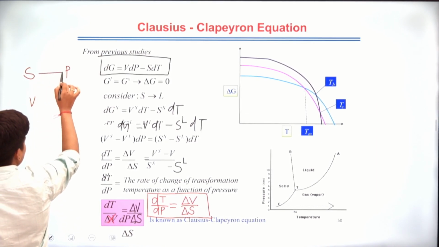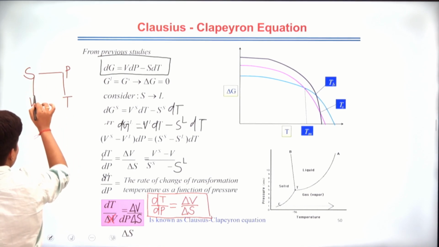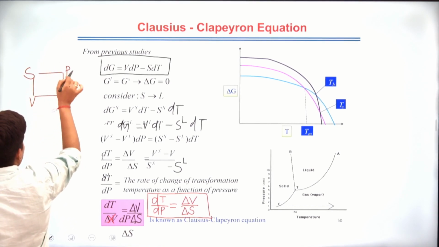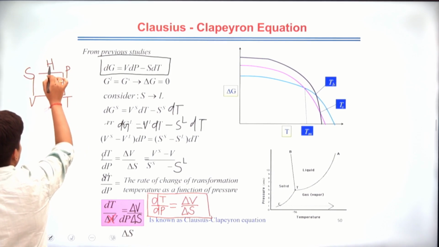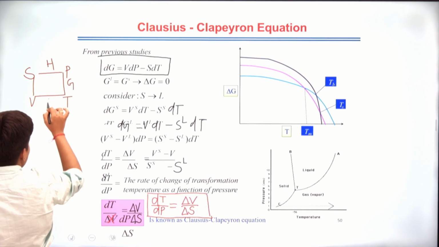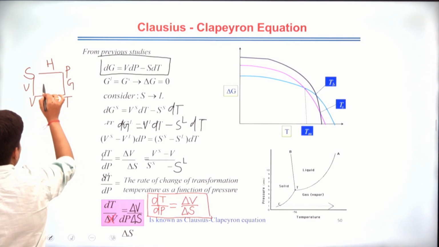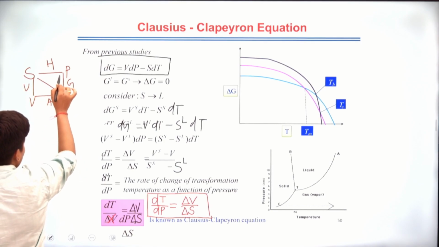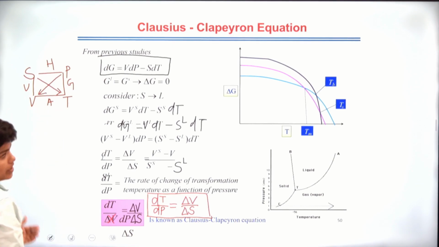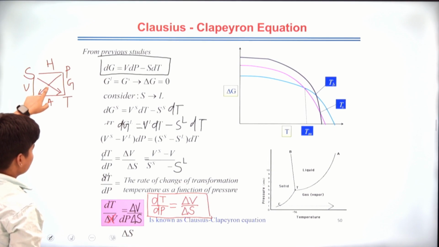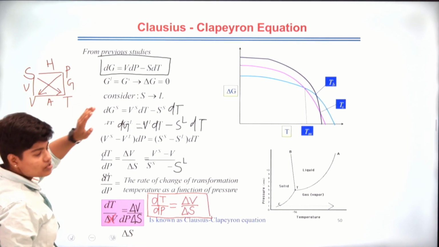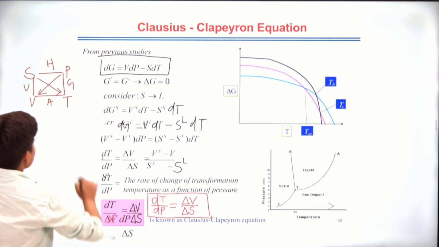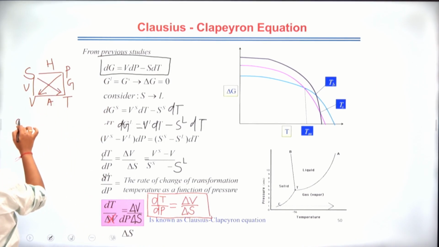Keep these four quantities in the four corners of a box, and on the faces keep the four energy terms, H, G, A, U. Draw two arrows like this: tail at S and head at temperature, and in this corner the head will be towards volume and the tail towards pressure. So first let us derive the equation for dH.